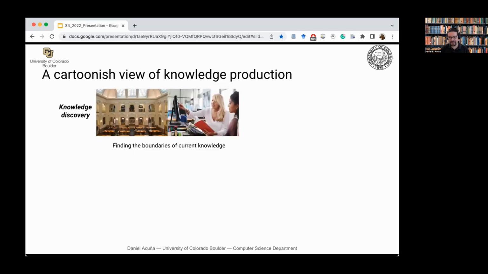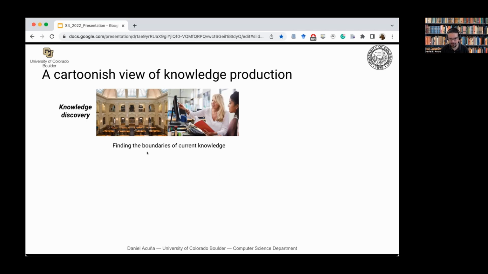Okay, the work I've been doing is related to three steps that I think are very crucial in science. It's just a very cartoonish view of how science works, and of course these are very small pieces of the entire scientific process. But you can think of science and knowledge production as starting from discovering the boundaries of what we currently know.